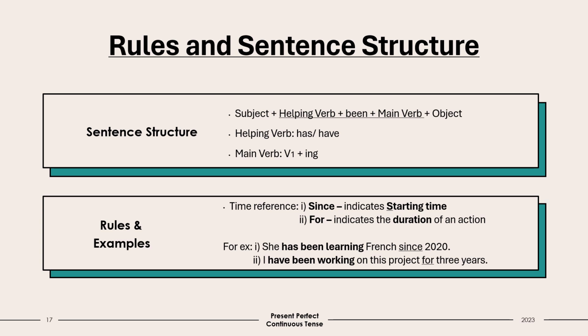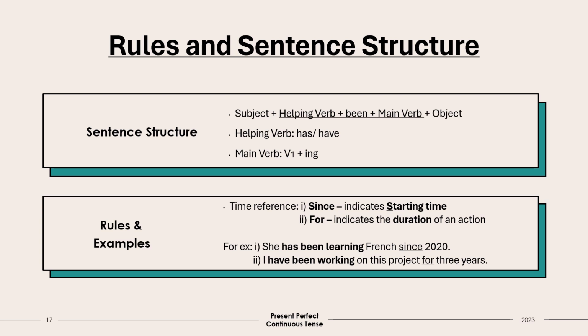So our sentence structure here becomes subject plus helping verb, that is has or have, plus been, B-E-E-N, then main verb, that is first form of the verb ending with ing. Okay, and then object. Now, one more thing that is very important here is the time reference. You might have noticed in the previous sentences.